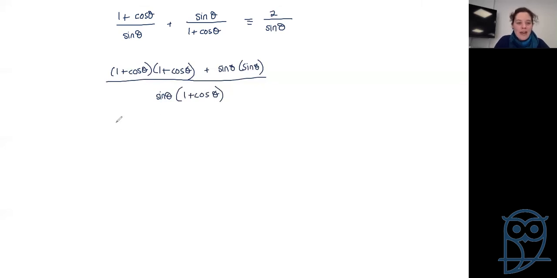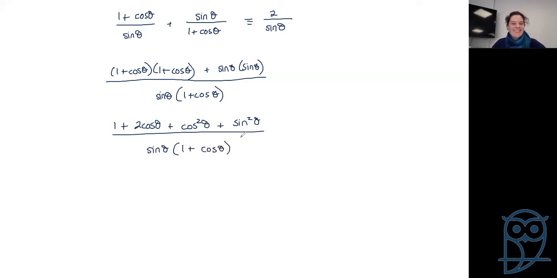So on the top, we have 1 + 2cos θ + cos² θ, and then here we have plus sin² θ over sin θ (1 + cos θ). Now, can you see it? Remember, we've got cos² plus sin² is 1.